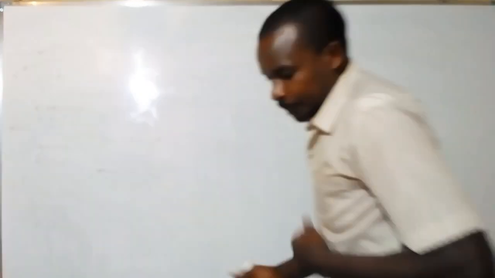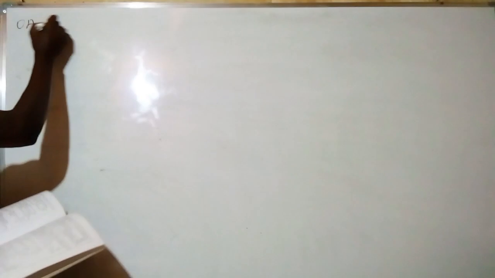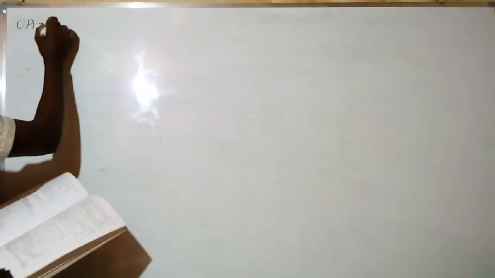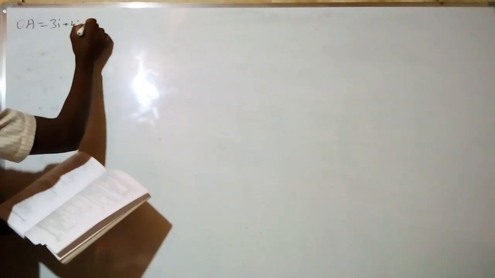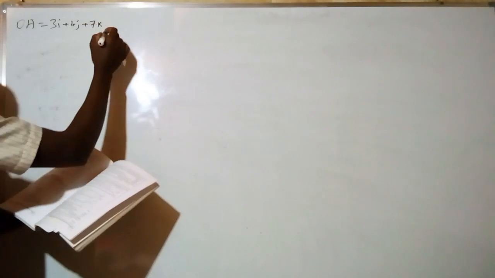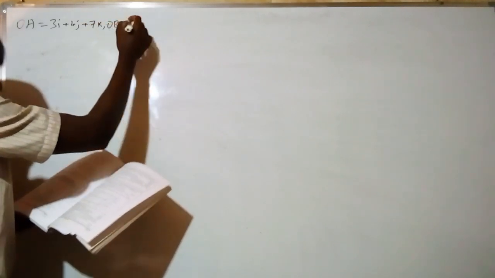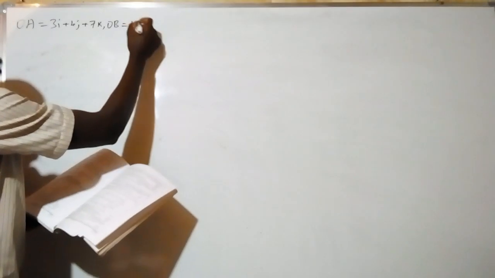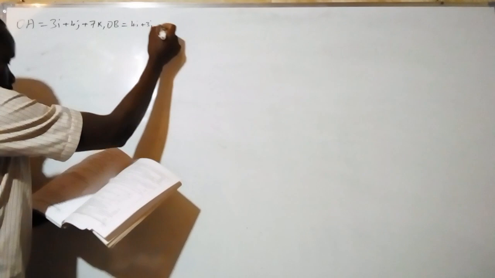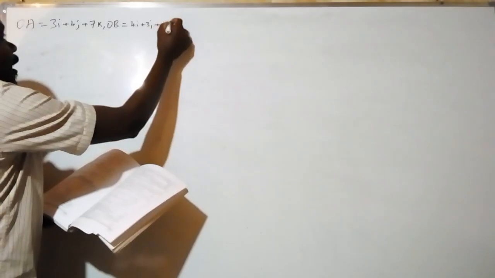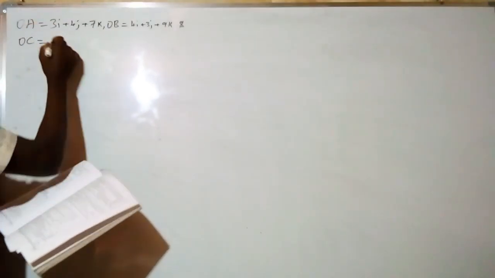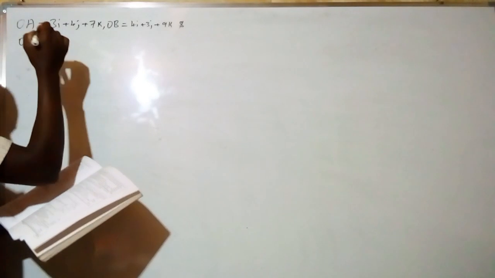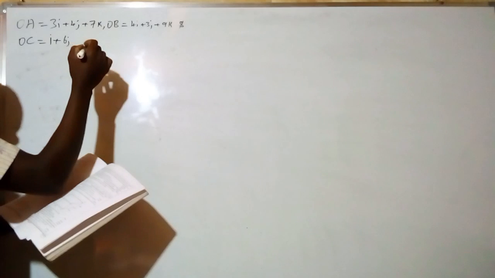You've been told that OA is equal to the vector 3i + 4j + 7k, OB is equal to 4i + 3j + 9k, and OC is equal to i + 6j + 3k.